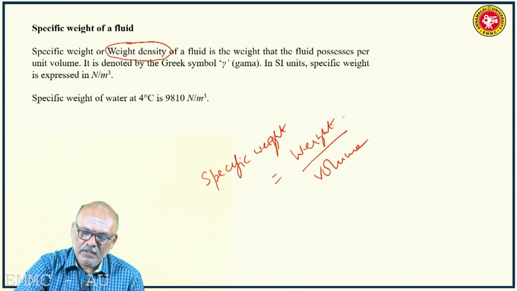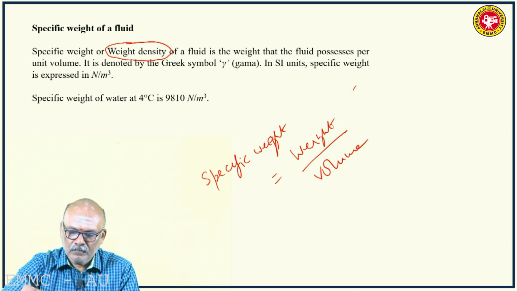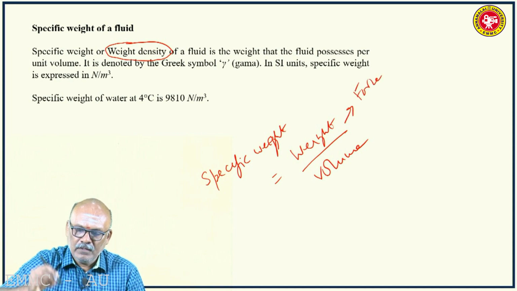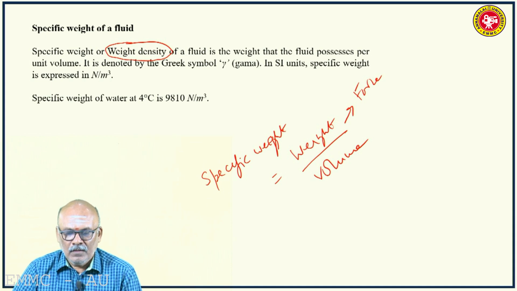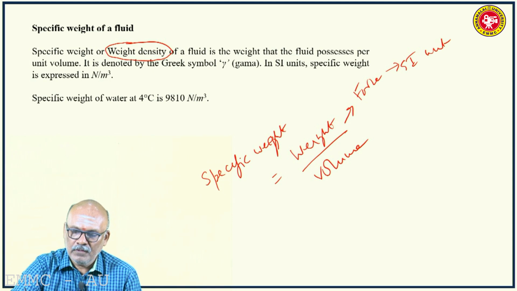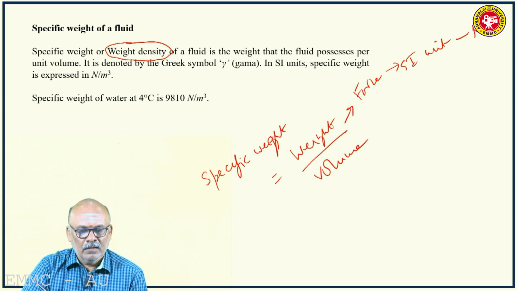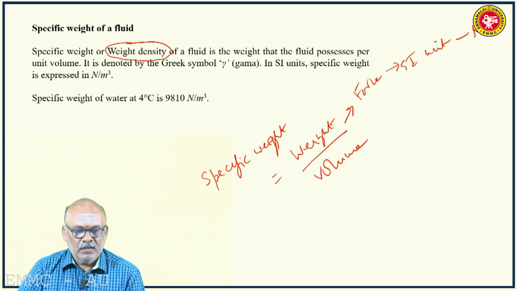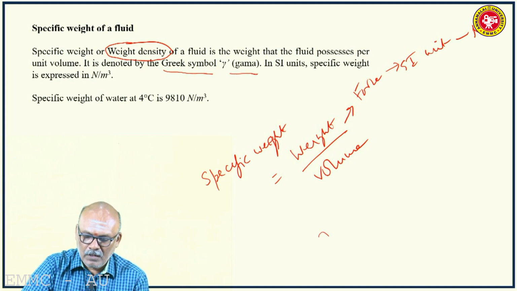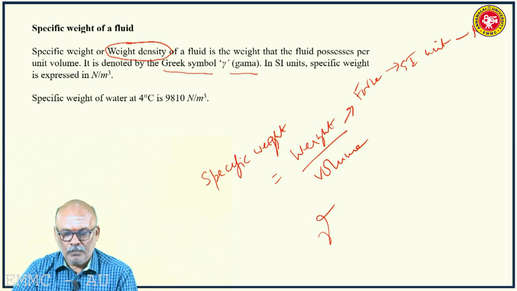So weight அப்படிங்கிறது it is a force quantity. வெயிட்ங்கிறது force. So force அப்படின்னா அதனுடைய SI unit வந்து Newton. So weight per unit volume. So அதனுடைய notation வந்து Greek symbol, that is gamma. Gamma அப்படிங்கிறது ஒரு small r மாதிரி மேலே ஒரு கொம்பு போடணும்.